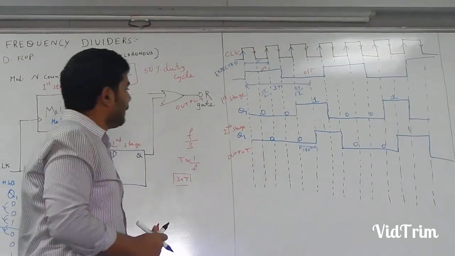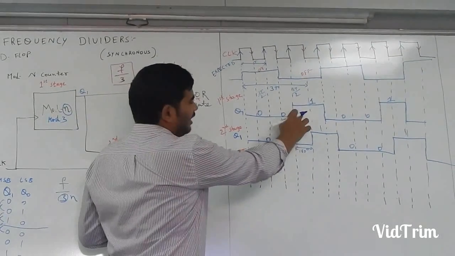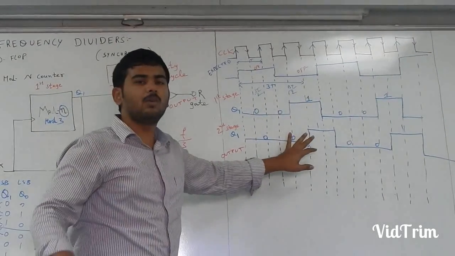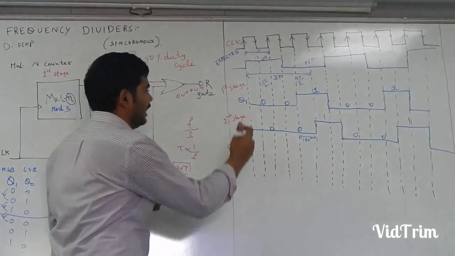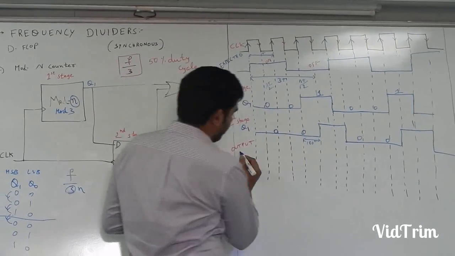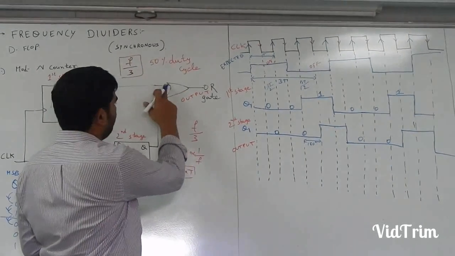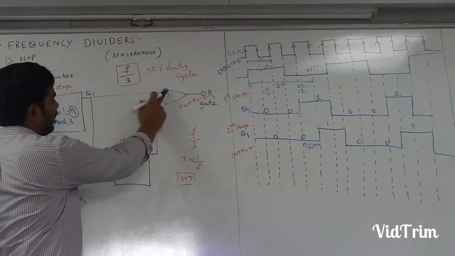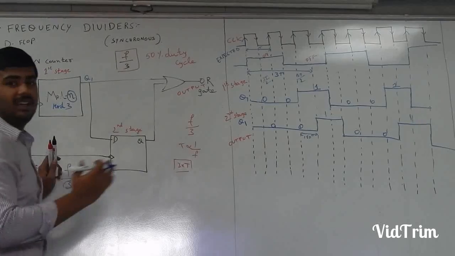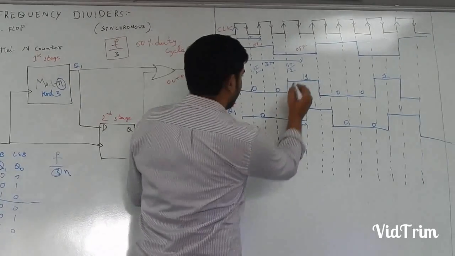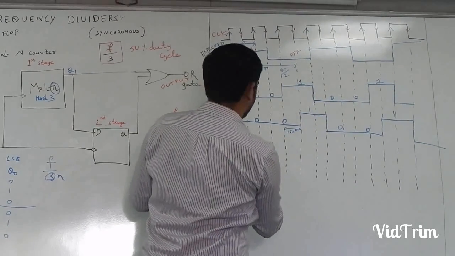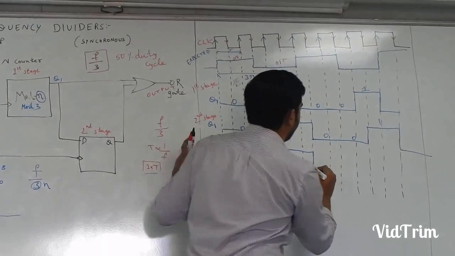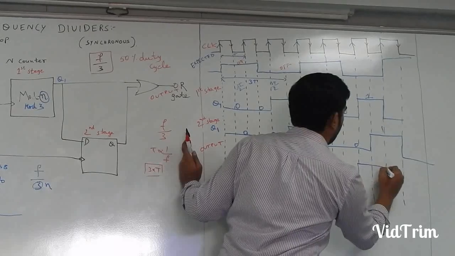Now if I OR these both, will I get it or not? Yes? Now let's see. I OR these two outputs, one directly from the mod counter and one from the delayed one. So if I OR them, 1 and 0 gives 1, 1, 1, 0, 0, 1, 1, 1.